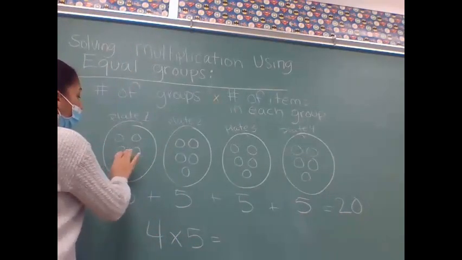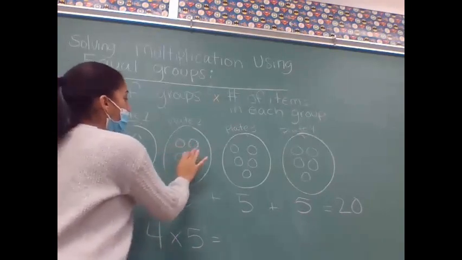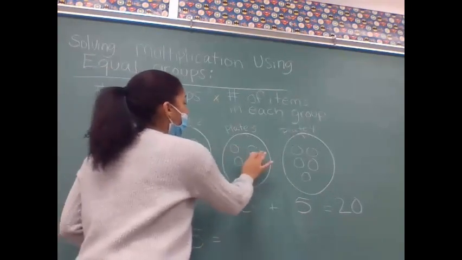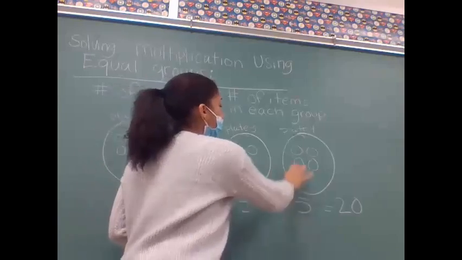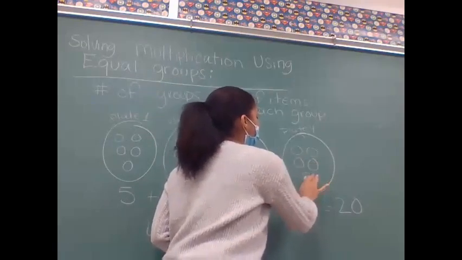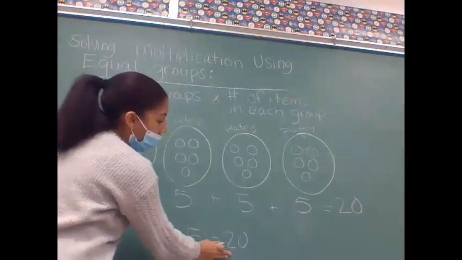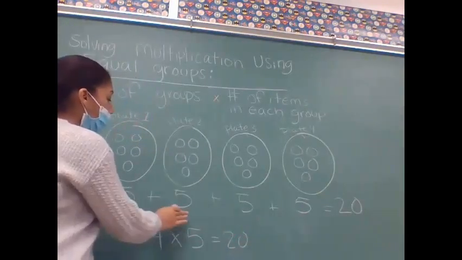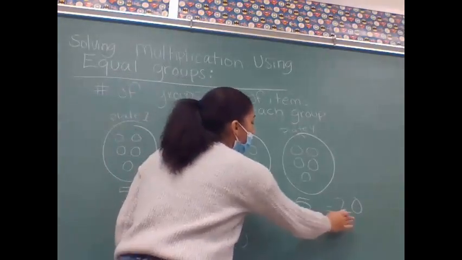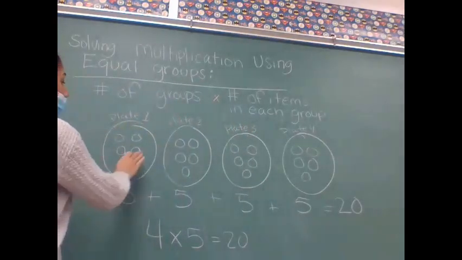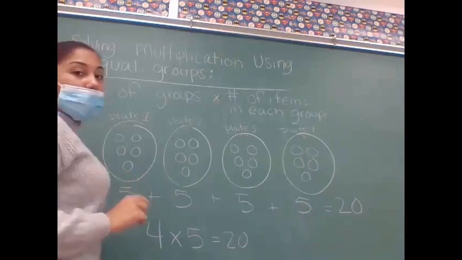So 1, 2, 3, 4, 5, 6, 7, 8, 9, 10, 11, 12, 13, 14, 15, 16, 17, 18, 19, 20. So 4 times 5 has to be 20. 5 plus 5 plus 5 plus 5 equals 20. And we have 4 groups with 5 in each group.